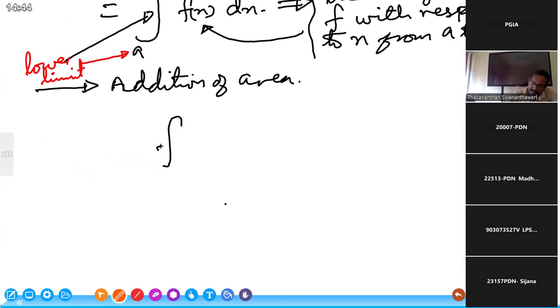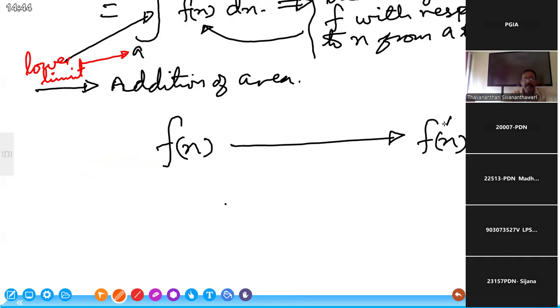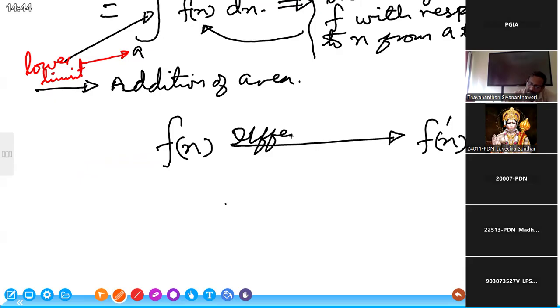Now look at this function. For the last two weeks, we were talking about this. What is this process? Differentiation. Yes, this process is called differentiation. What is this? Derivative.